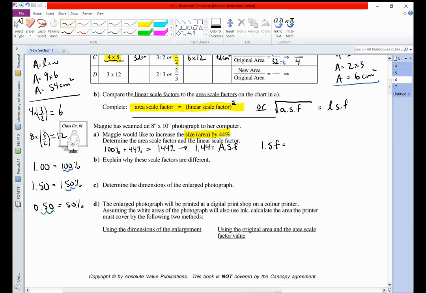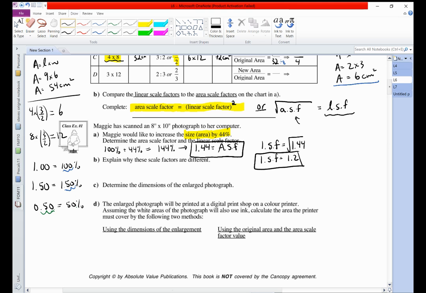Well, I know that in order to find the linear scale factor, I take the square root of the area scale factor. So I will take the square root of 1.44, and I know that the linear scale factor is 1.2 if I type that in my calculator. So now I found the area scale factor and the linear scale factor.